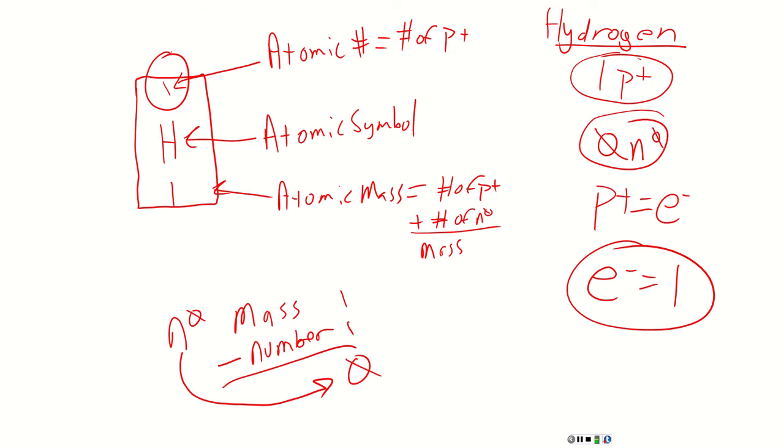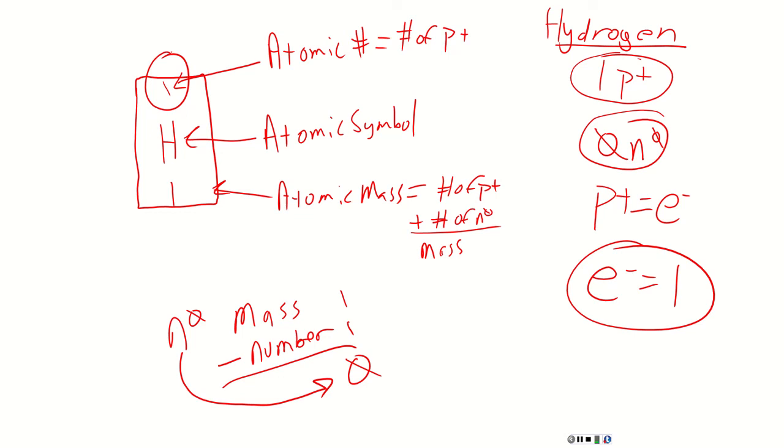Now, the number of protons is constant. You do not change the number of protons in an element, because if you change the number of protons, it turns it into a different element. And in its natural state, however many protons it has, it has the same number of electrons. But neutrons can change.